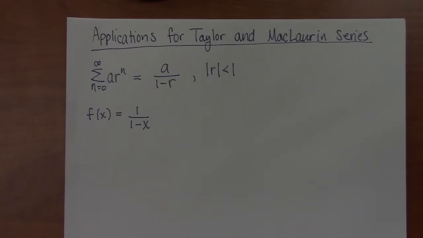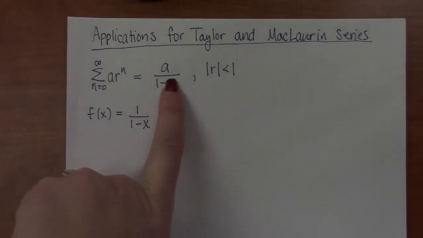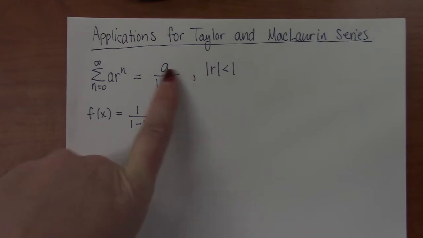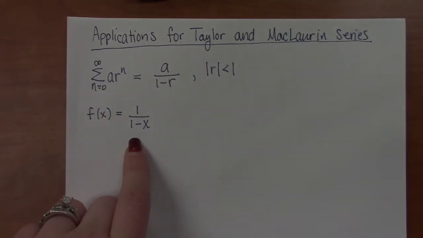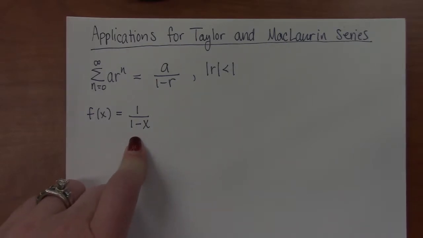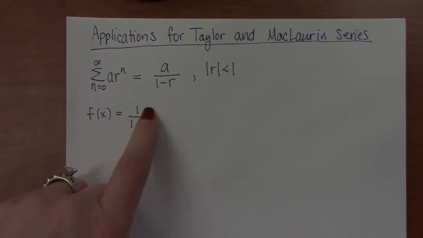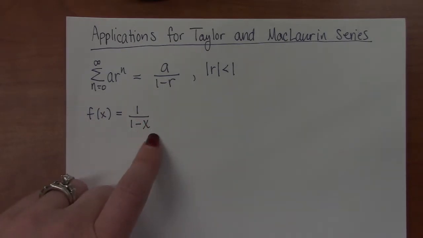But the form of this series, actually this one isn't going to alternate, and we can see that it looks a lot like a over 1 minus r. If a over 1 minus r is simply the sum of this, we can extrapolate and work backwards. So what we have here is a geometric series where a is 1 and r is just x.